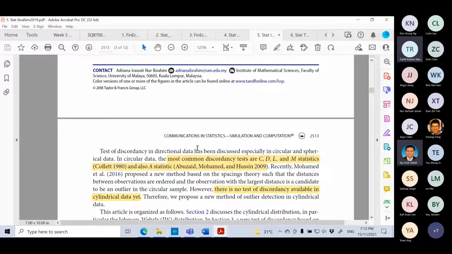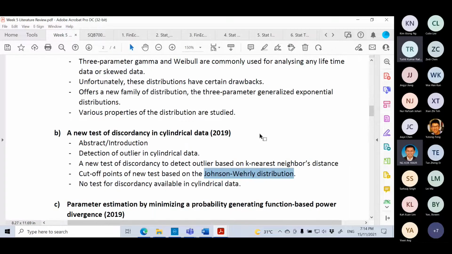Okay, so this paper is talking about how they come up with the idea. They do a survey of the previous studies. As I mentioned to you, I do not read the whole paper. If somebody summarizes it for me this way, I can see that they only propose cutoff points for a new test based on this particular distribution.